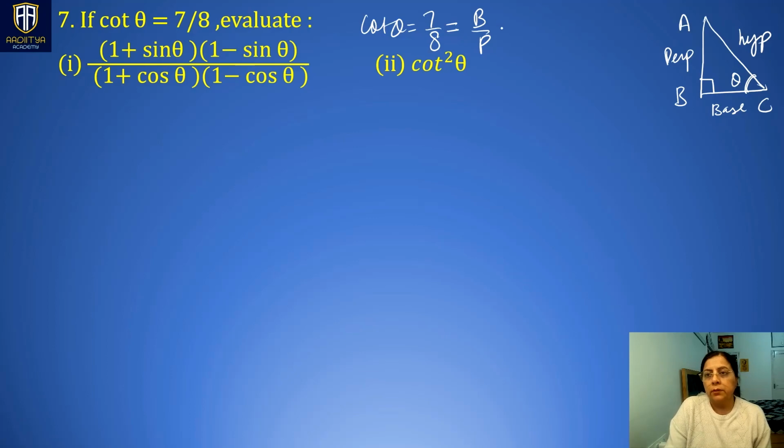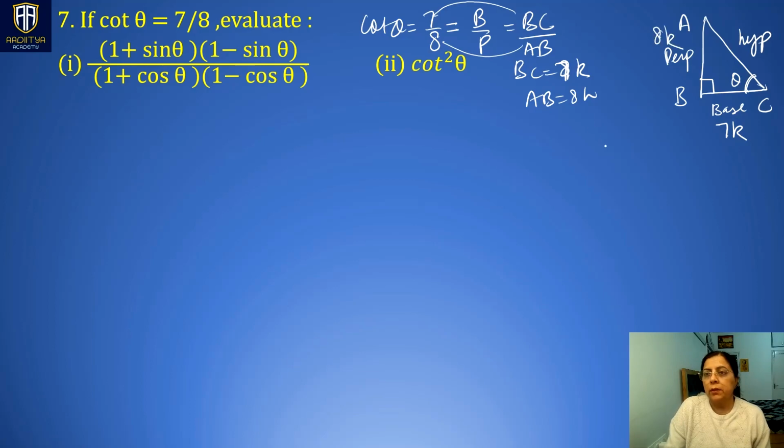Now these are the ratios. Cot theta is the ratio between 7 and 8, meaning actual sides are, base is BC and perpendicular is AB. So let us assume that BC is 7K and AB is 8K.